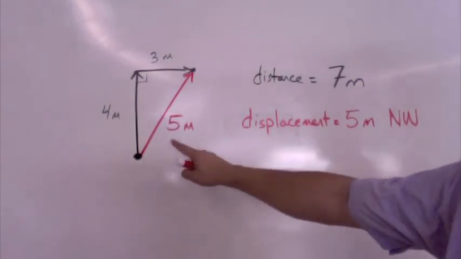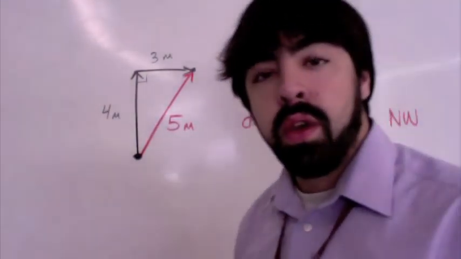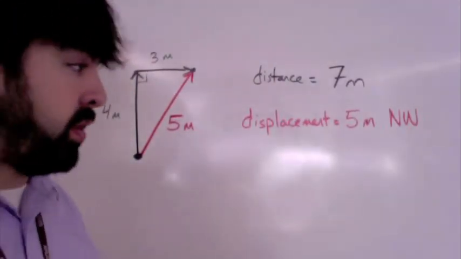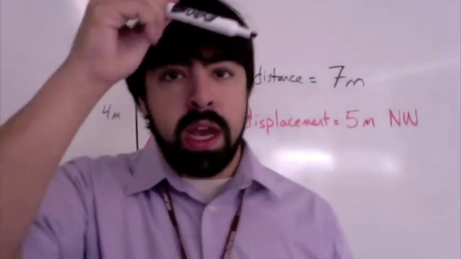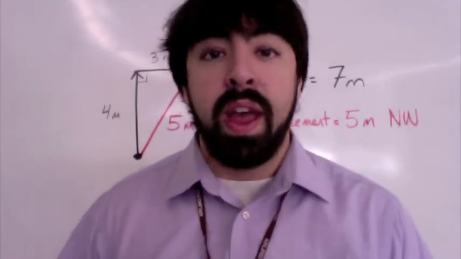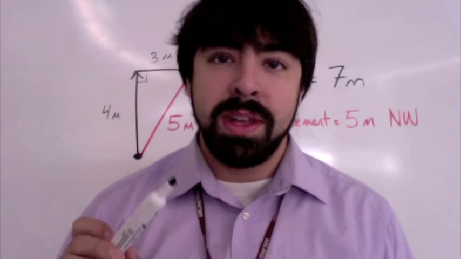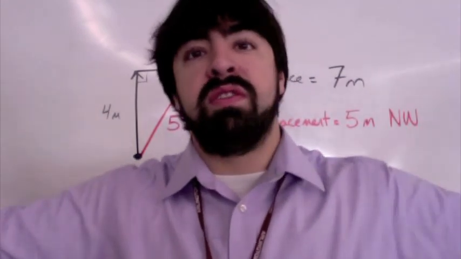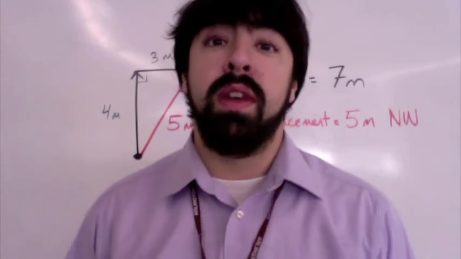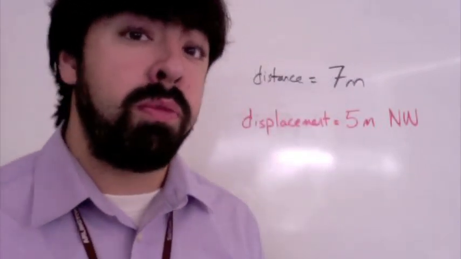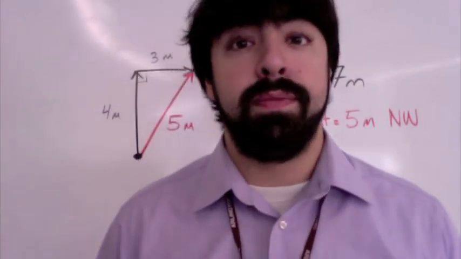Northwest. So it's entirely possible that you could go up, down, left, right, sideways, backwards, forwards, all which way around the world, come back to your original position and have a distance of thousands of meters, but a displacement of 0. Because it's how far are you away in which direction from your original spot.